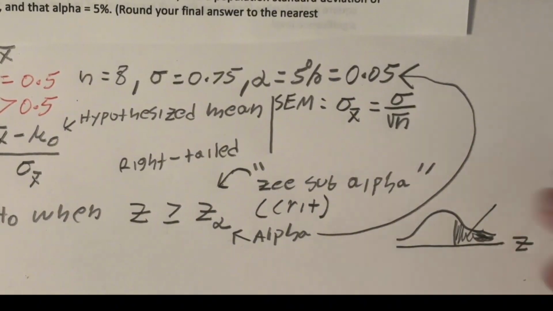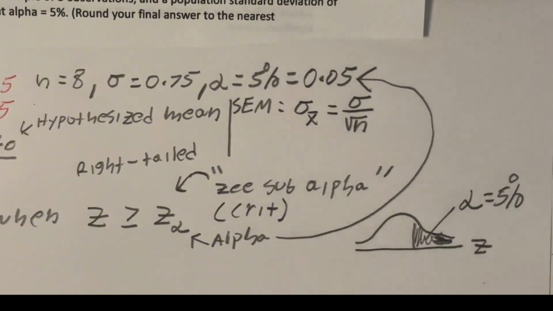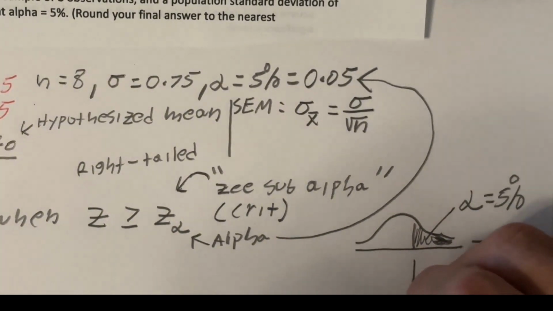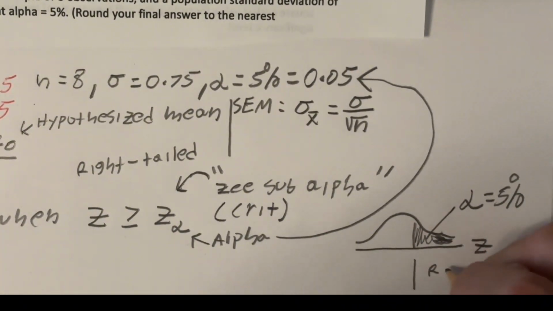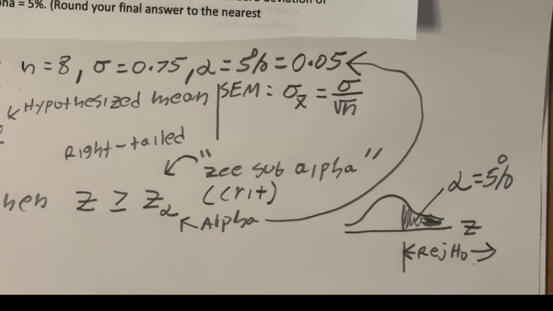This is your alpha level, and this is 5%. And this area here is where we reject the null hypothesis. So for your visual people over there, this is where we reject the null hypothesis.